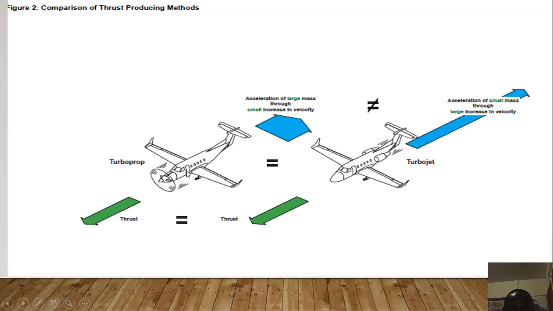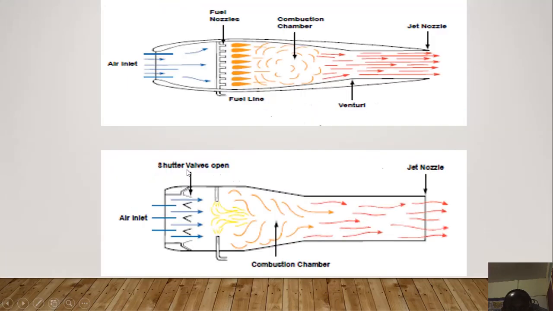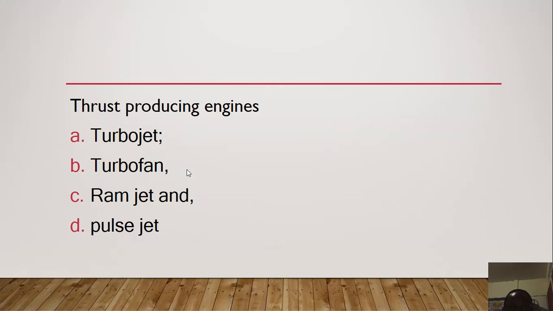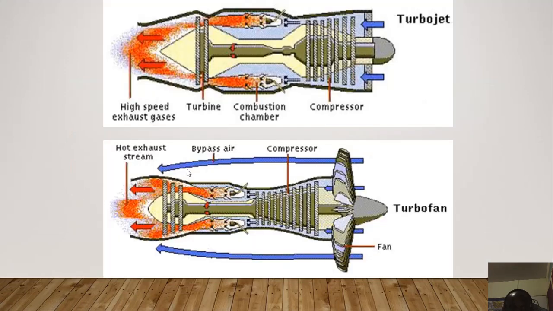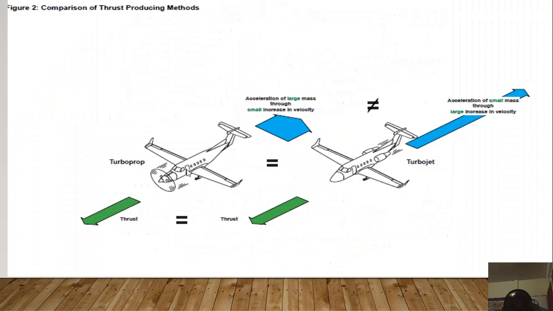That's why we see something like a turboprop. We saw that the turboprop is a torque producing engine, not a thrust producing one.